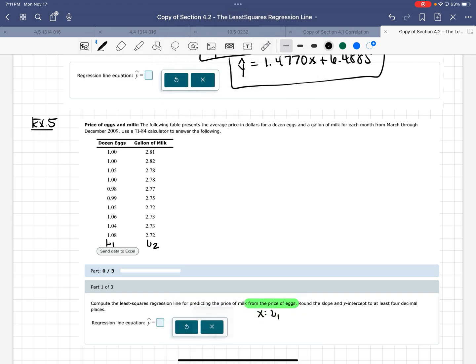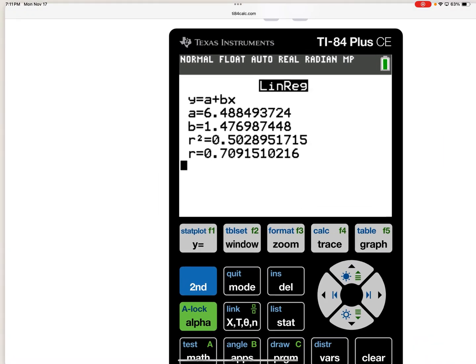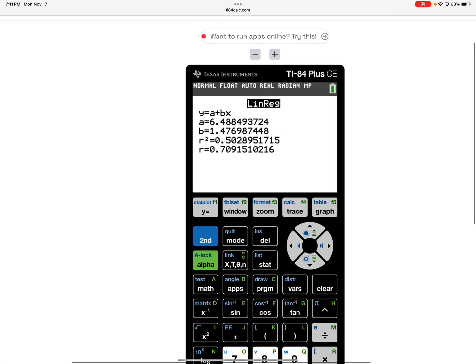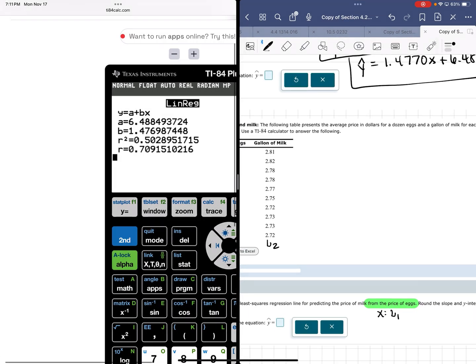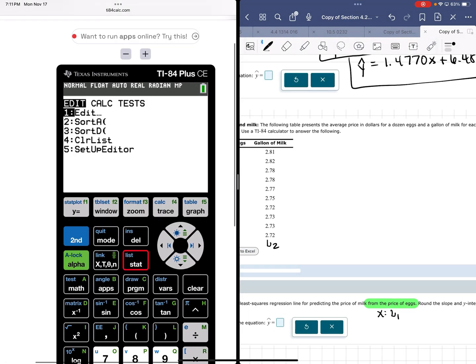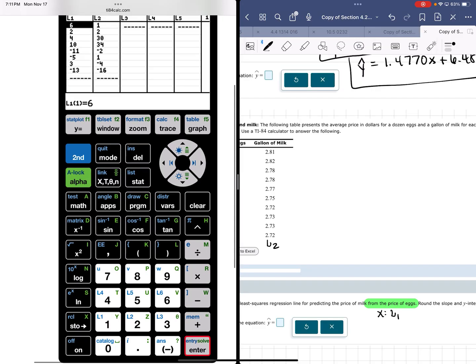We're gonna plug it in. Okay, split view. Stat, edit, and go up, clear, enter, up, clear, enter. Okay, let me see what I've got.